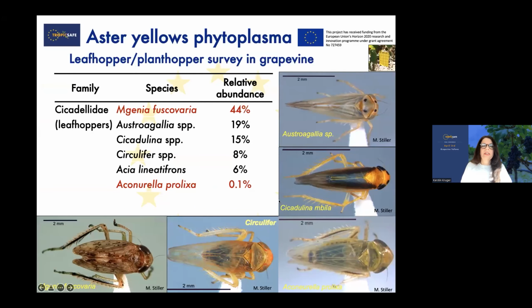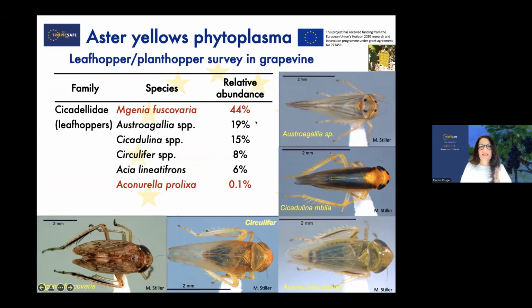This table shows the results of the leafhopper survey we did in grapevine blocks with yellow sticky traps. We had 10 yellow sticky traps in grapevine blocks, which were replaced weekly, and this started in 2006 until 2019.